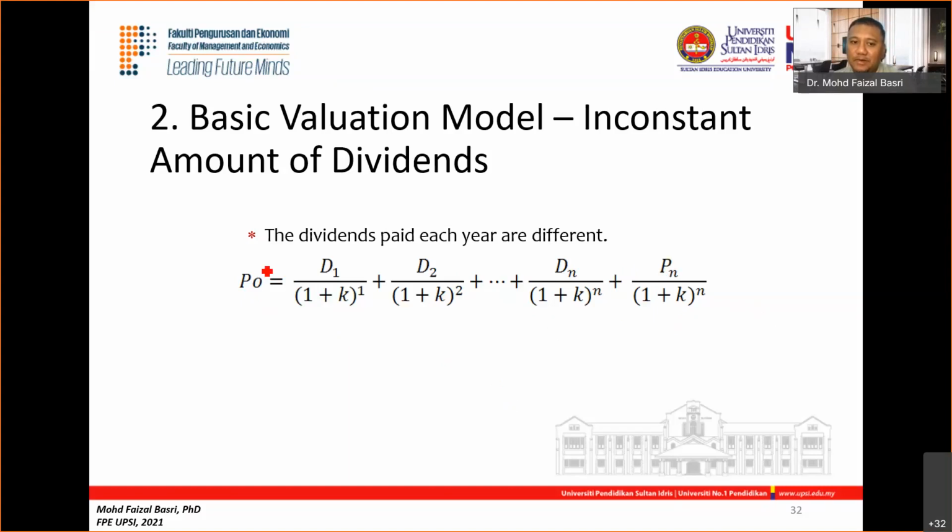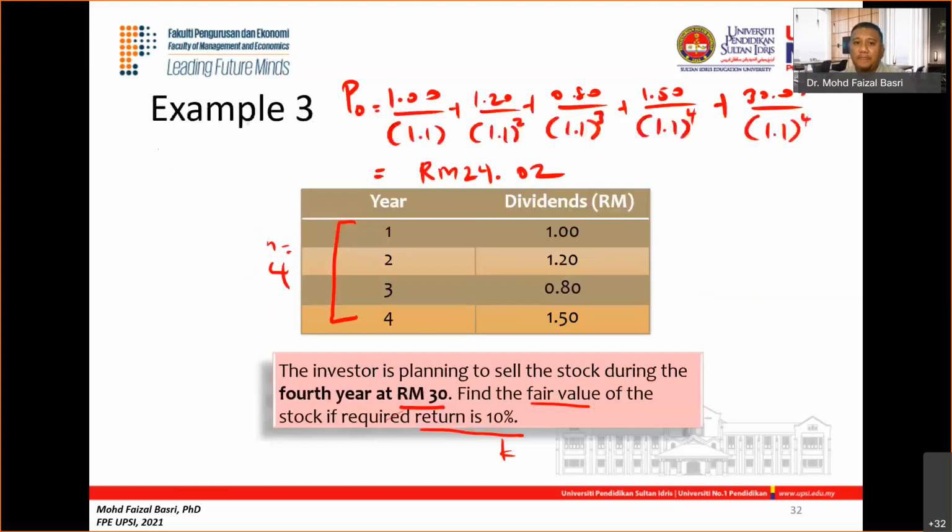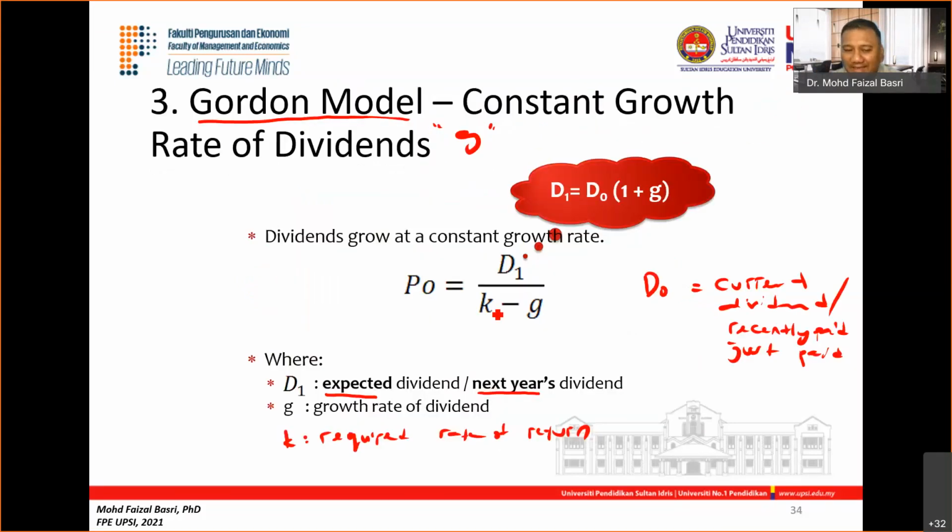So it's either P0 or PN. Technically, they're going to ask you to find the price for model number 1 and model number 2. But for model number 3, under constant growth, besides P0, they might ask you to find the K, the G, or the price in the future as well.